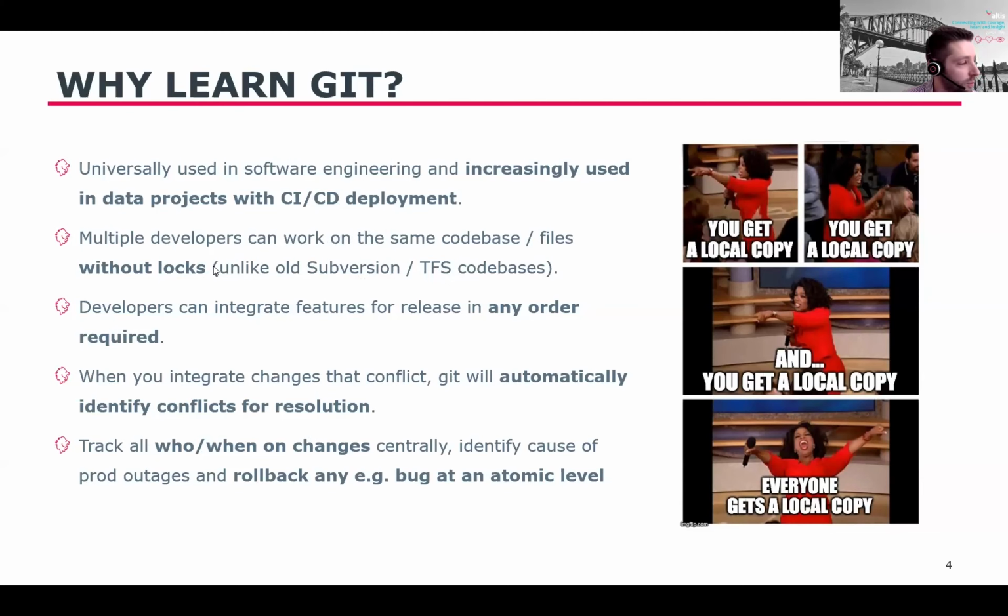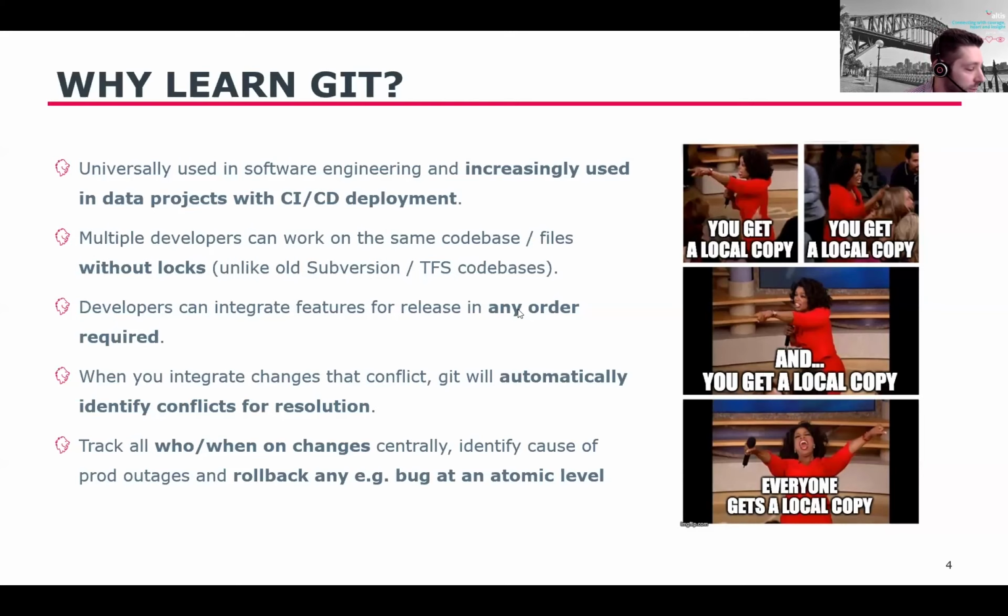You can think of those older tools as having a more pessimistic approach to version control, in that you lock a file, you modify it, you push your changes back, and then you unlock it for other developers to use. Git is almost the opposite of that, in that it takes an optimistic approach where you take a copy of whatever the state is, you don't actually lock it, and then you figure out how to integrate it at a later point in time when you actually want to integrate those changes.